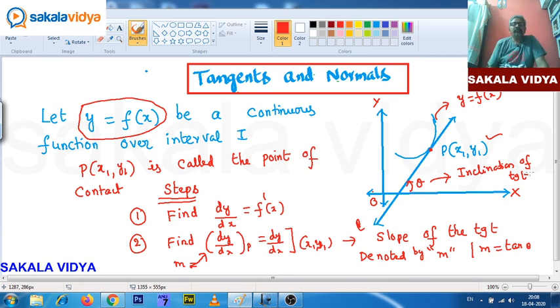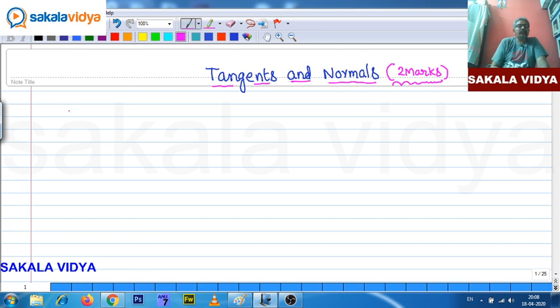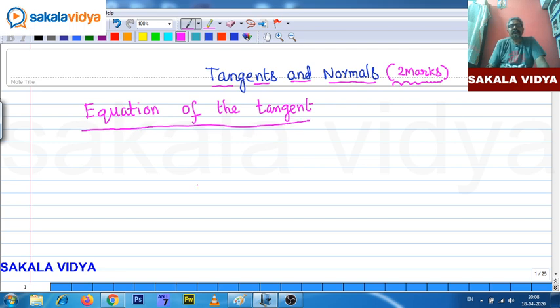Now we shall discuss how to find the equation of the tangent. Already we know the slope of the tangent m is equal to dy by dx at P, where P is the point x1, y1.